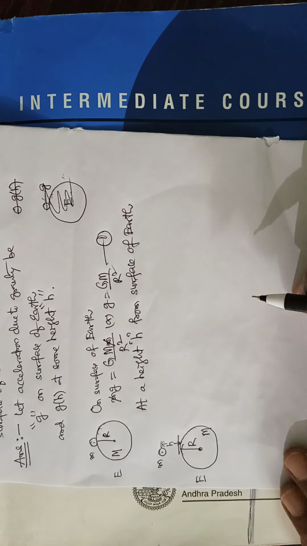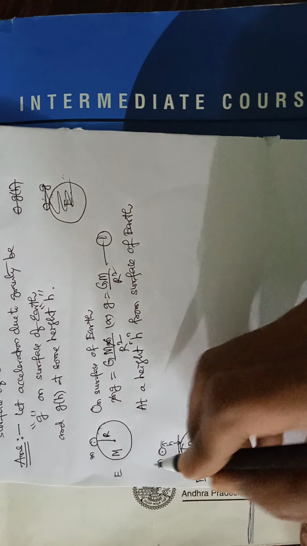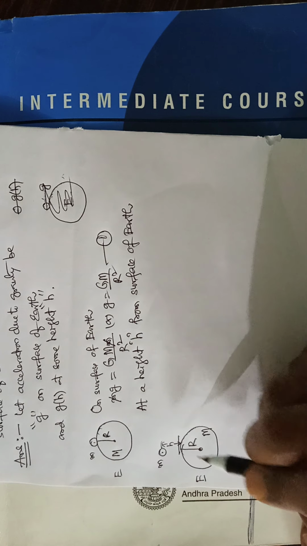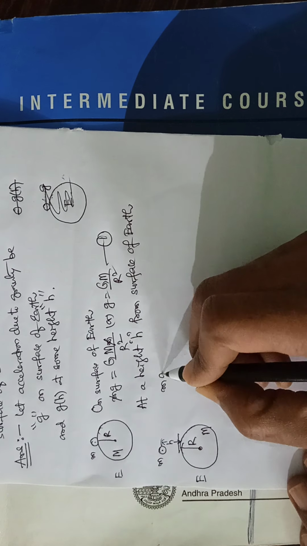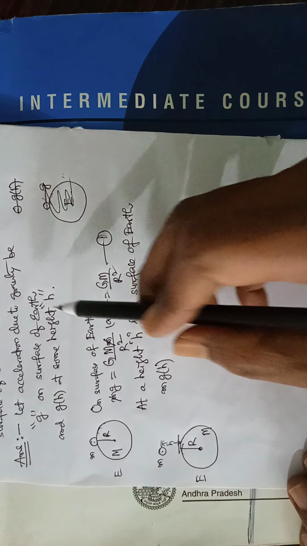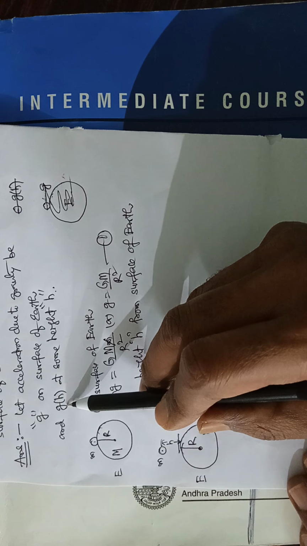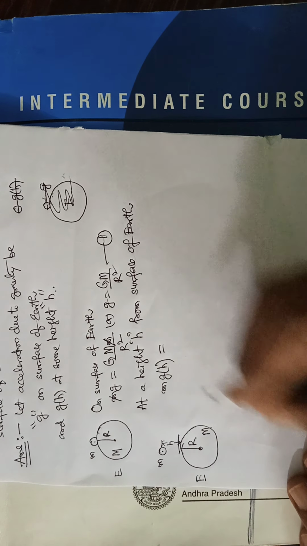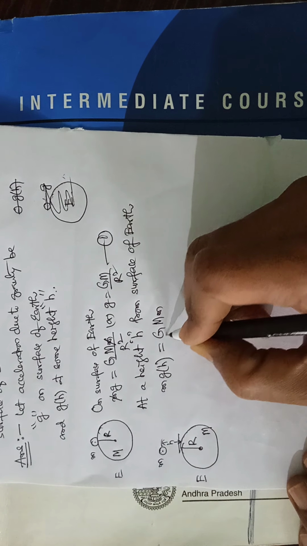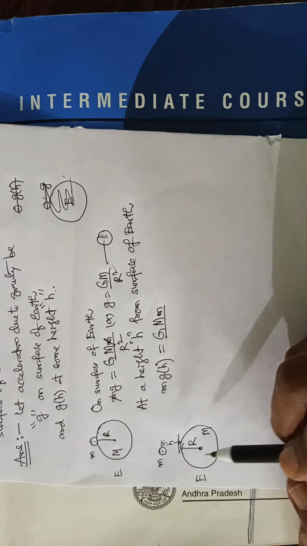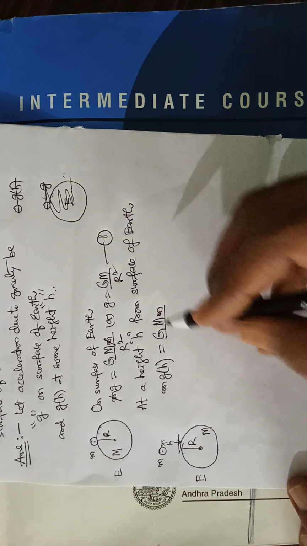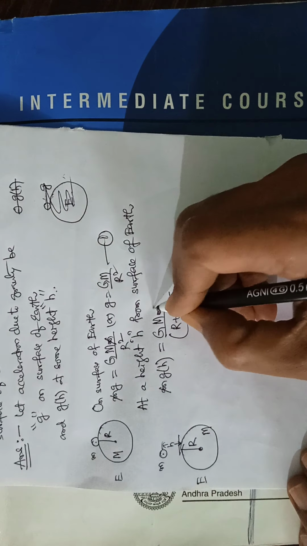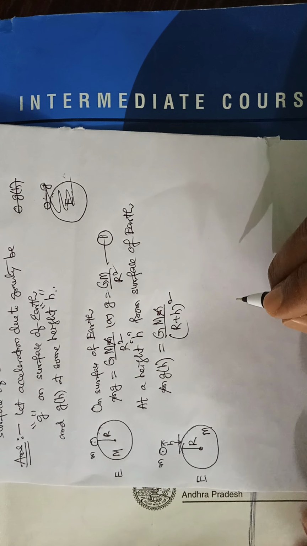At a height h, gravitational force according to Newton's second law is m g of h, because at some height h the acceleration due to gravity is g of h, and according to universal law of gravitation, the distance between object and Earth is R plus h, whole square.